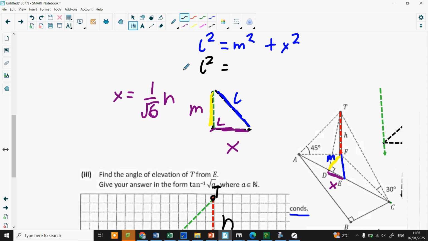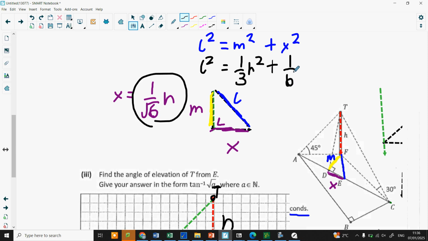Now what do we know that M squared is? 1/3 h squared, yeah? And what do we know that X squared is? When I square it out, it's 1/6 h squared. What's a third plus a sixth? Is that half? H squared, yeah?